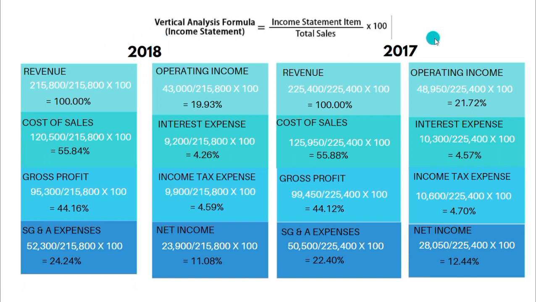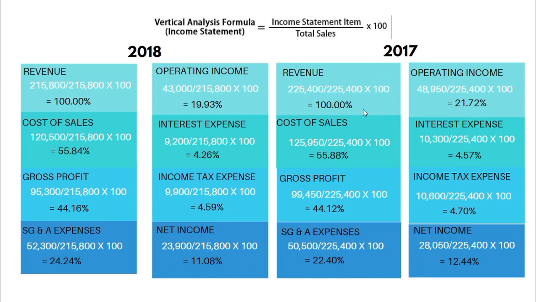So, dito naman tayo sa 2017. Again, ganun lang ulit yung formula. Sa revenue, meron tayong 225,400 divided by 225,400 divided by itself lang times 100 is equals to 100%.